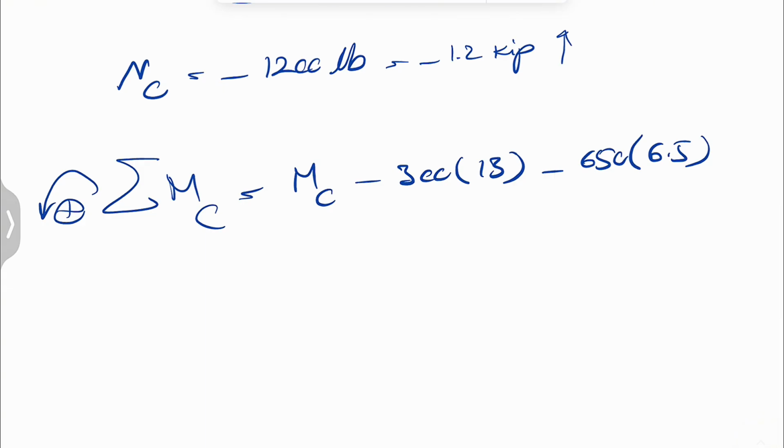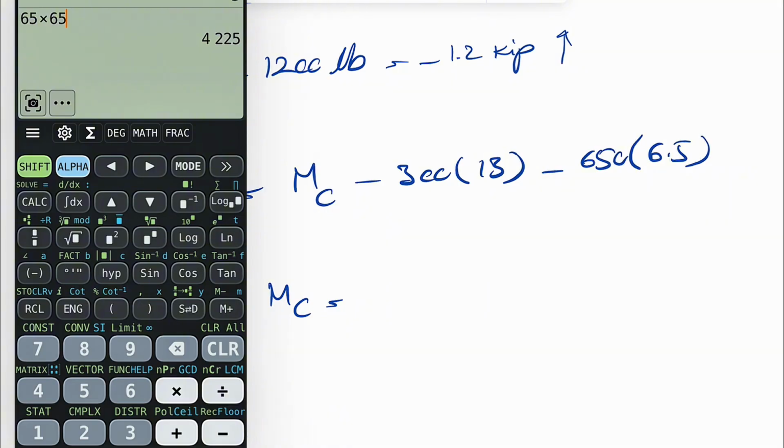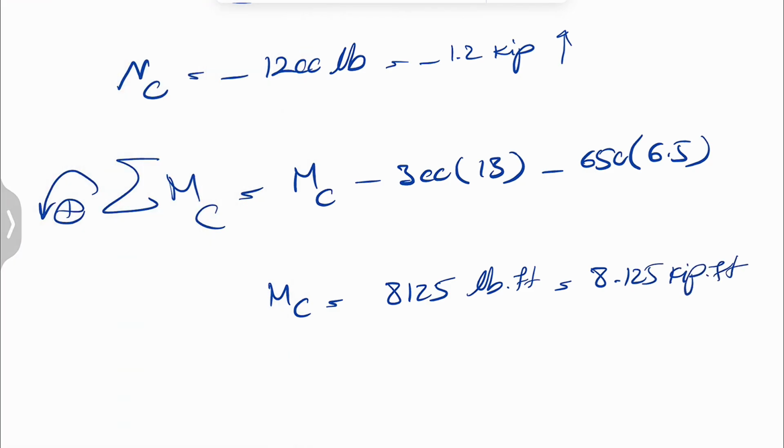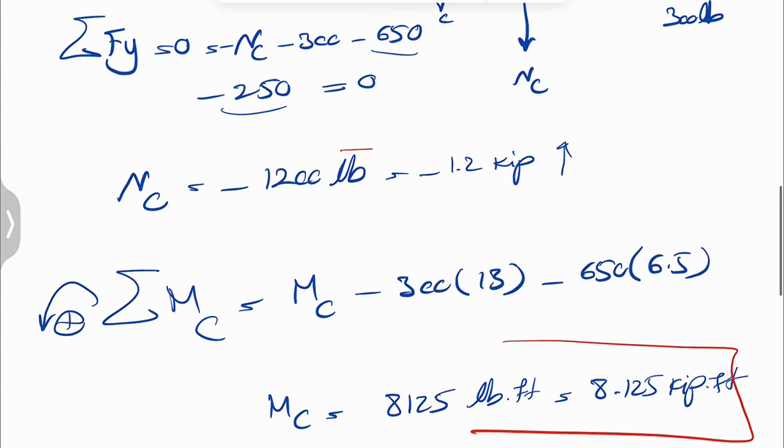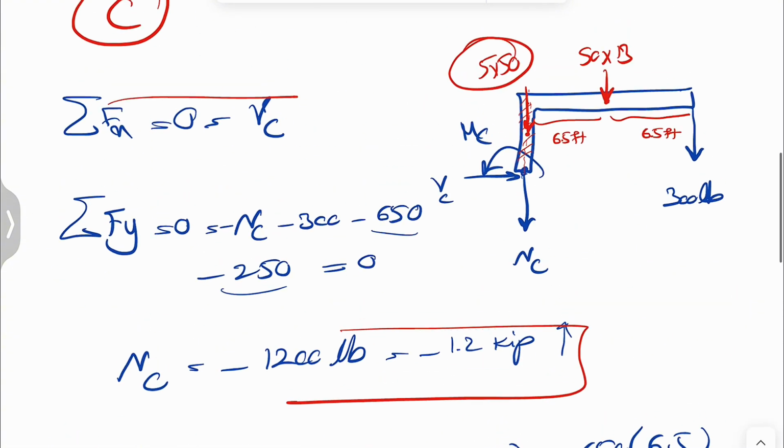So we don't have any moment for that one. So MC is basically 65 times 65 plus 3900. So that's going to be 8125 pound-foot or 8.125 kip-foot. And these are going to be the 3 loadings that we have for point C.